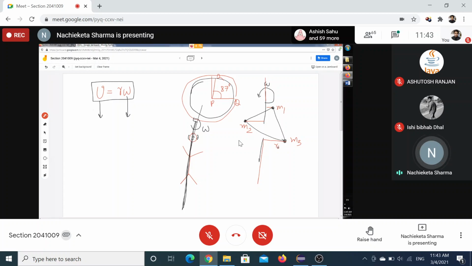This r3 is bigger than r2, and r1 is the smallest of all these 3. So the linear speed of m1 will be less, the linear speed of m2 will be medium, and the linear speed of m3 will be highest. So this is how the linear speed and the angular speed are connected.